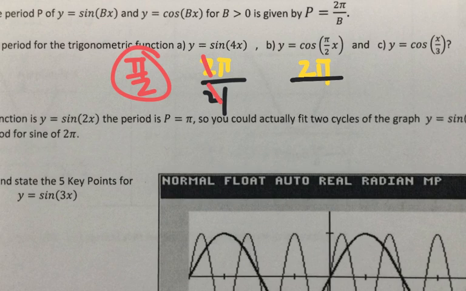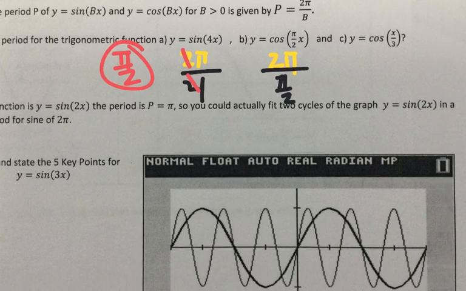So to find my new period, I have to divide by pi over 2. If you have a calculator, you can probably plug this in and find the number. I don't have one. So I have to do 2 pi over 1 and then multiply by the reciprocal. So now what's happening here? My pi's cancel. 2 times 2 is 4. So now the period of this function would be 4.